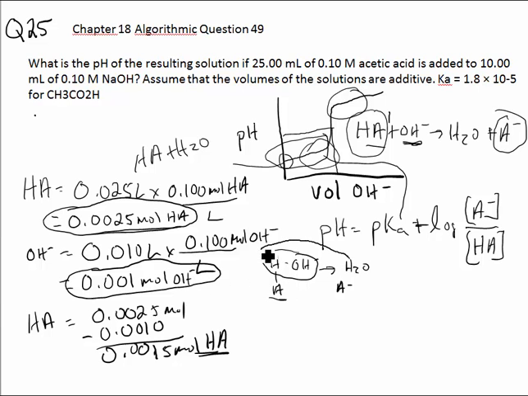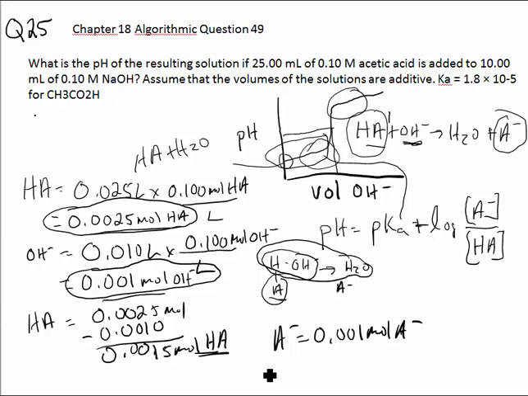Because this reaction occurs, OH minus plus HA makes water and leaves behind the A minus, the amount of A minus I have is equal to the moles of OH minus I've added. So that's 0.001 moles of A minus.